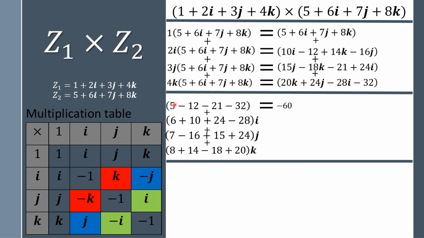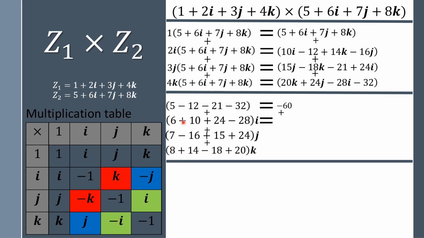When we calculate this, 5 minus 12 minus 21 minus 32, that's going to equal negative 60, I'm sorry.